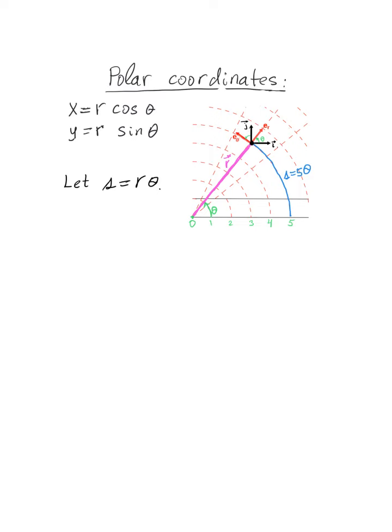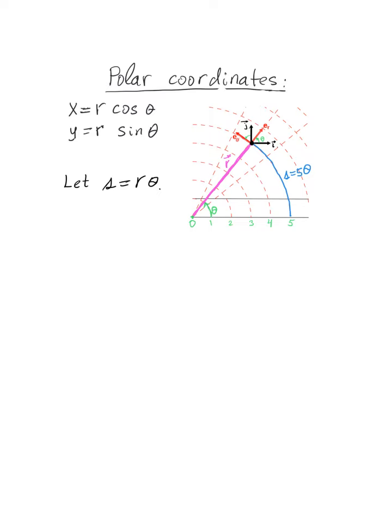Okay, so both er and e theta have length 1, just like i and j. So on this picture, it becomes obvious that the basis er, e theta is obtained from the basis i, j by rotating the old basis by angle theta.